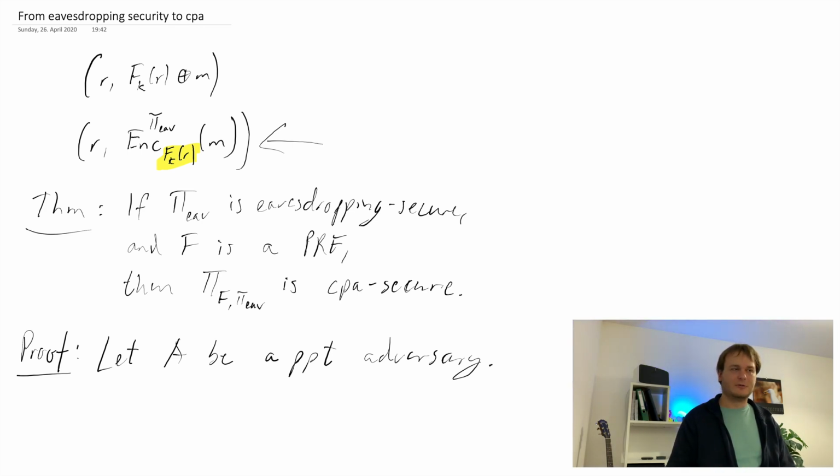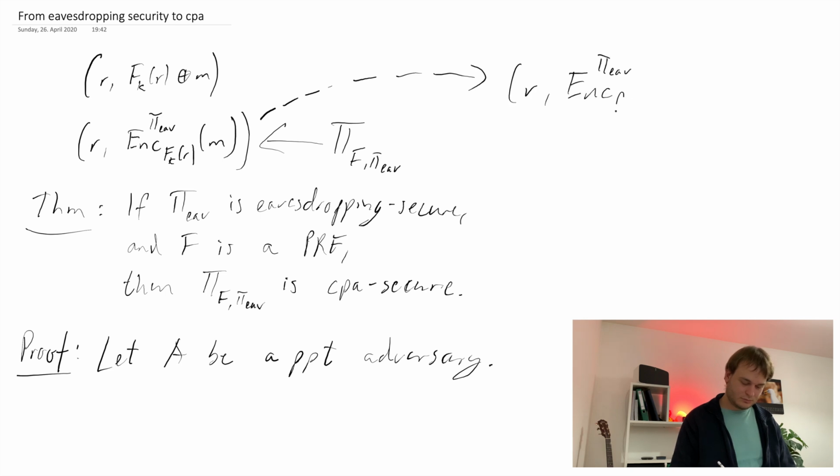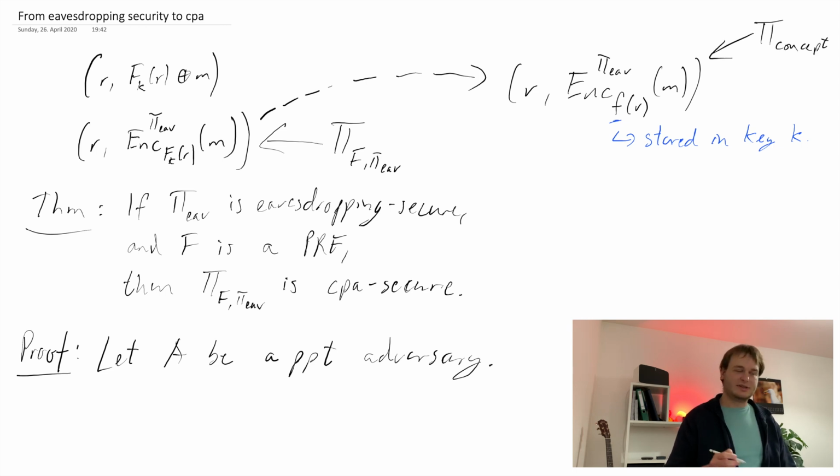And what we get will be like a conceptual scheme. So what we get replacing the pseudorandom function with the random function is this scheme up here, where essentially we're now using a random function and we're storing this random function within the key k.